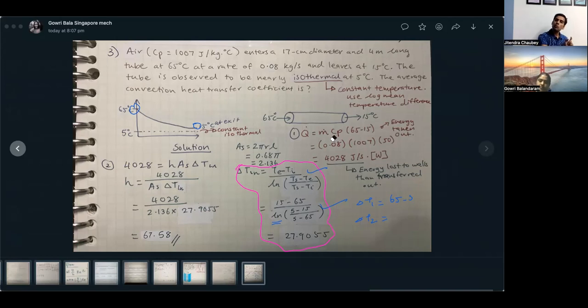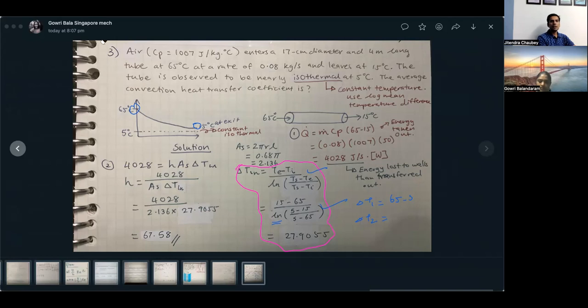That's why you can equate both the Qs, hA delta T and mCp dt. When I use the first formula for this question, which is hA delta T, that is for between the fluid and the pipe, because there are two bodies. Both the values can be equated.